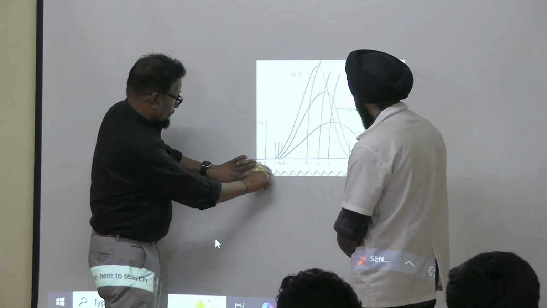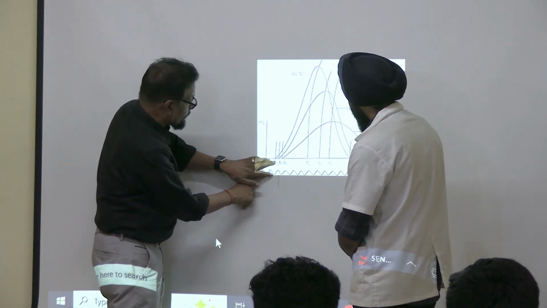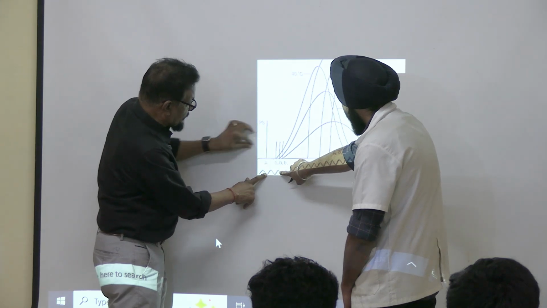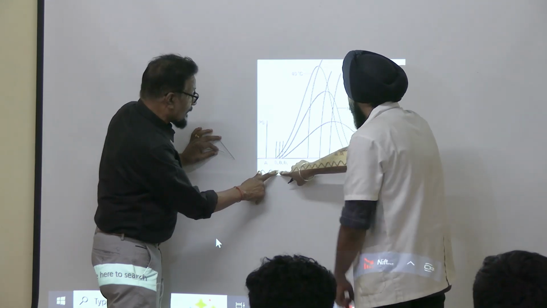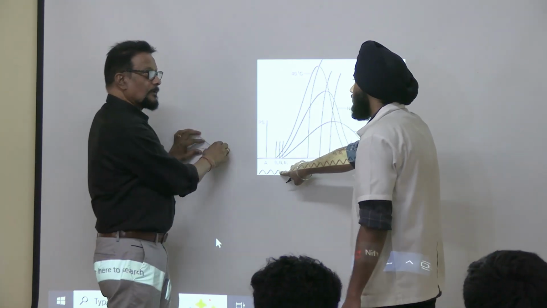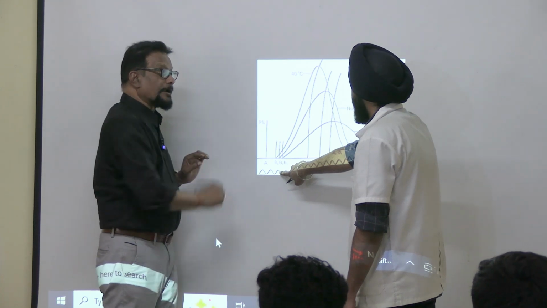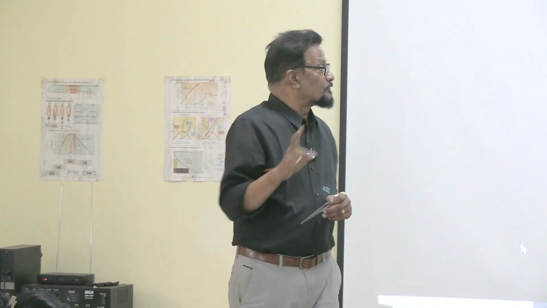Starting from here and ending here: one completed, second half, and more than half, a quarter. That is 1.75. So 1.75 times 0.01 is the latent period. Calculate it. This is under normal conditions.